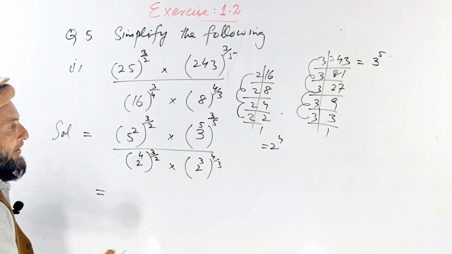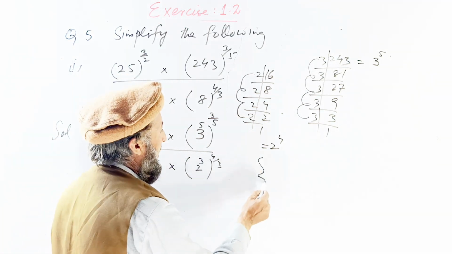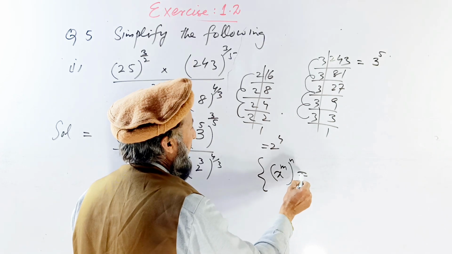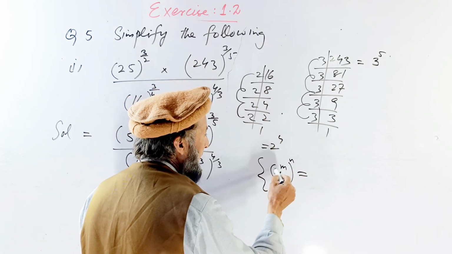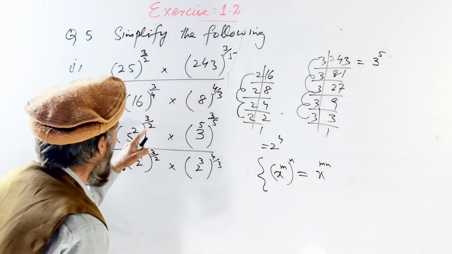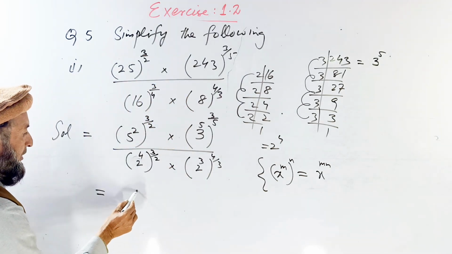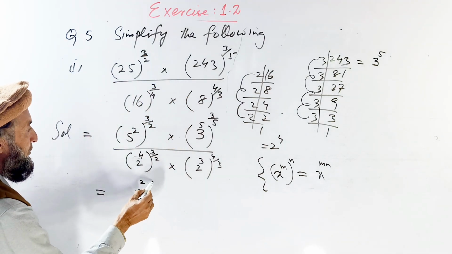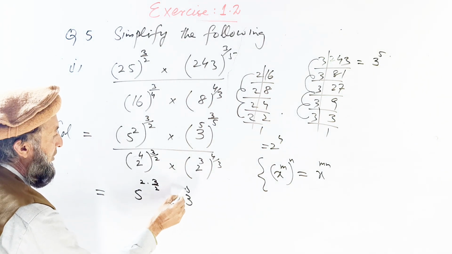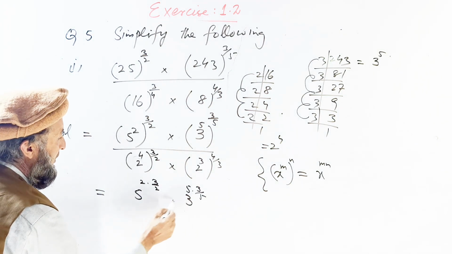Next, according to the double exponent rule, we have already discussed x power m whole power n, so we multiply m and n. According to this rule we apply it on each term: 5 square into 3 over 2 into 3 power 5 into 3 over 5.